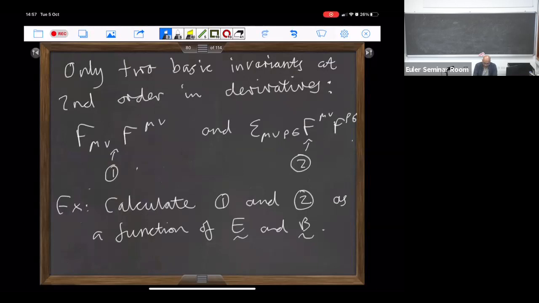Essentially, there are only two basic Lorentz invariants that arise up to second order in derivatives.